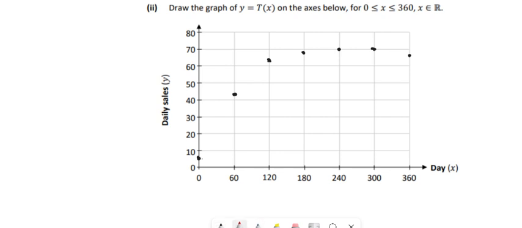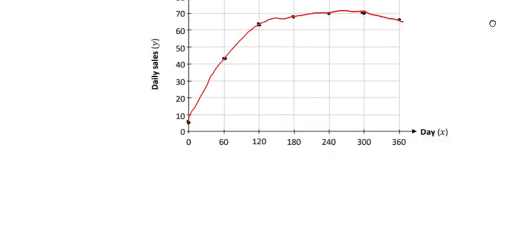Right, so if you're to draw the curve there, I just have to be as neat as possible. Obviously we're going to need this for more questions later. I could probably have done that a little bit better, but anyway.